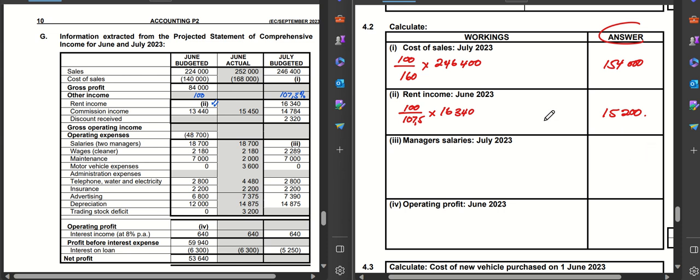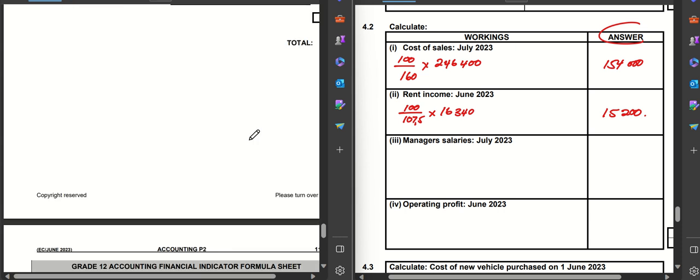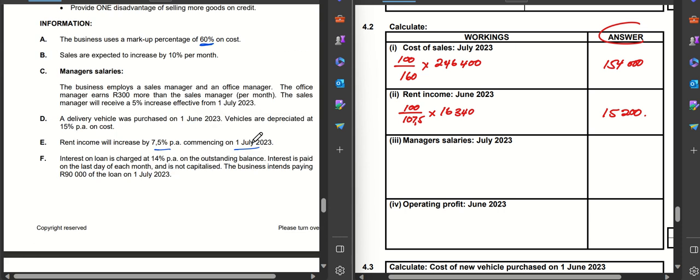Okay, then number three, it says salaries for the 2 managers. That is number 3 over there, salaries for the 2 managers. And then adjustment number C is the business employs a sales manager and an office manager. The office manager earns 300 more than the sales manager per month.